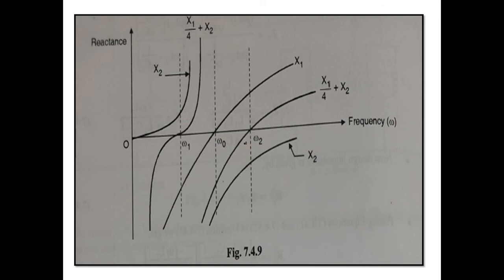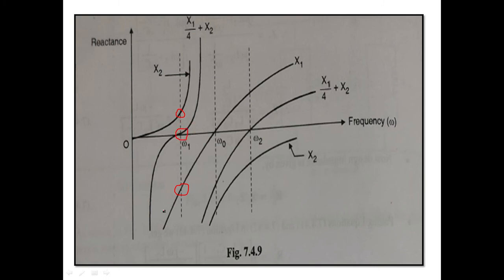So what we do here, from one axis to the other axis, means once the frequency goes on increasing, then the value of X2 will go on increasing from that point. Here X1 will increase from that point, and X1/4 plus X2 increases from that point.